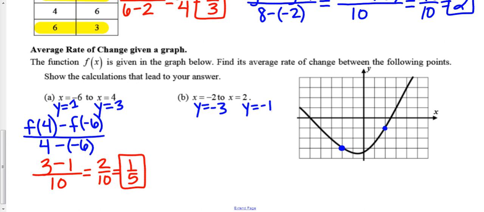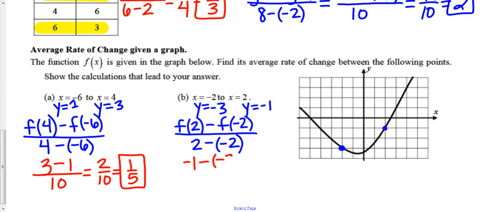Now let's put this into the formula and simplify: f of 2 minus f of negative 2 over 2 minus negative 2. f of 2 is negative 1, minus f of negative 2, which is negative 3.